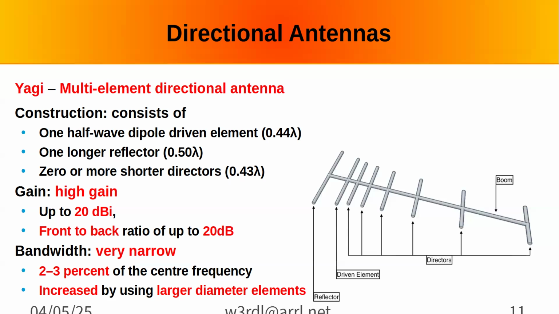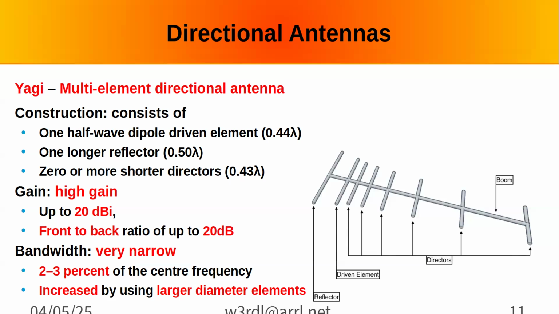With enough directors, you can get up close to 20 dBi. I think I've seen them with like 16, 18 elements, but it's diminishing returns. Every time you add another director, you get maybe a half a dB or quarter of a dB.